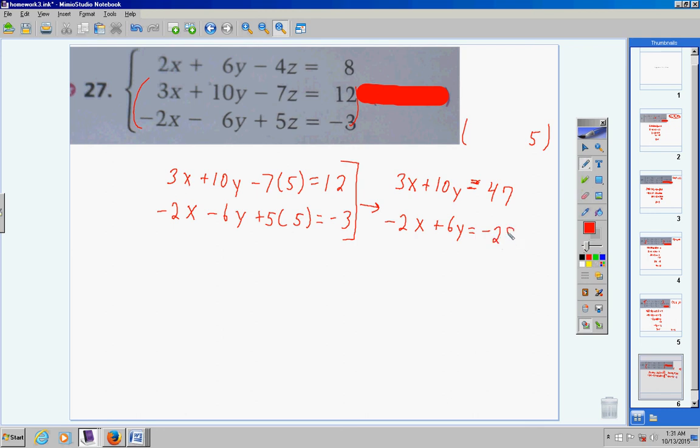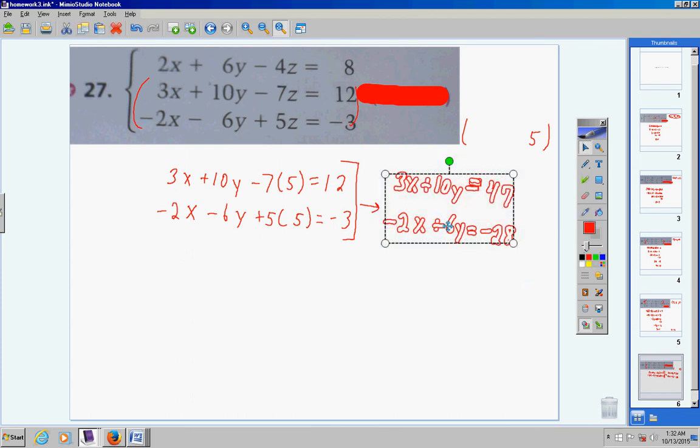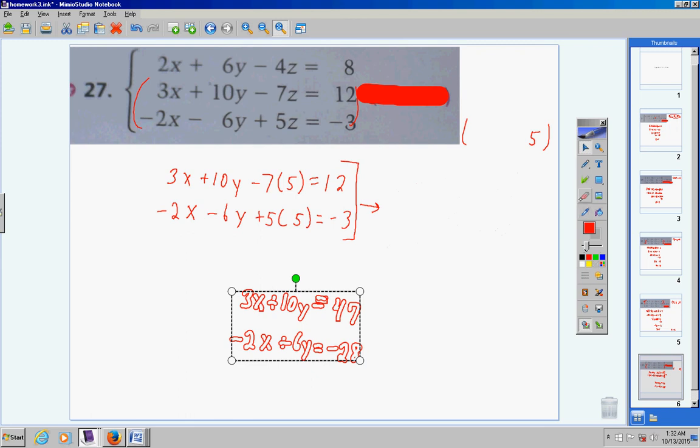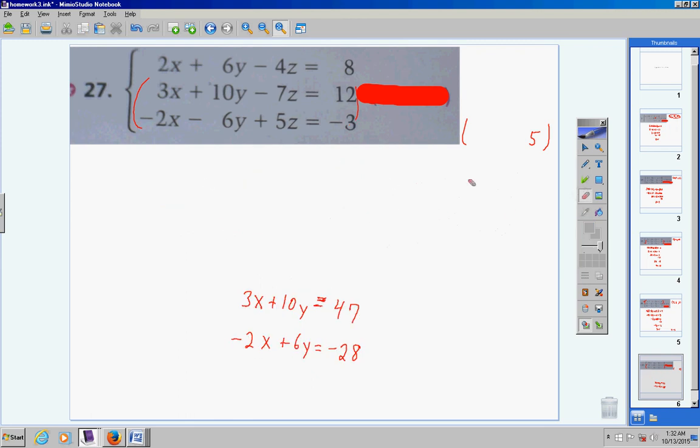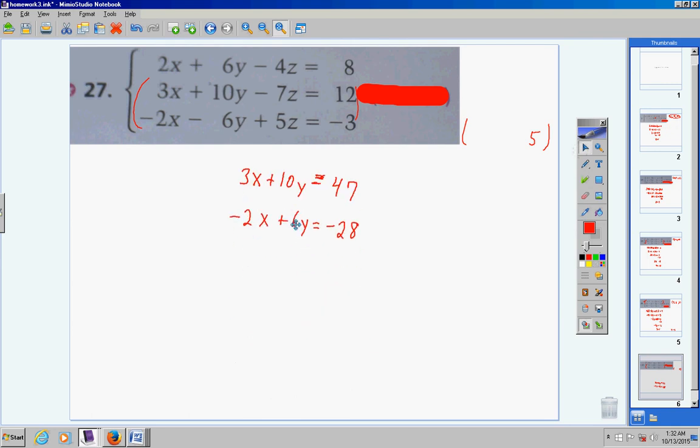And now I have two nice equations with two variables. I can quickly solve those and be done with it. Alright? I can quickly solve those like I know how to do and know what x and y equal. And here we go. So multiply my top equation by 2 and my bottom equation by 3.